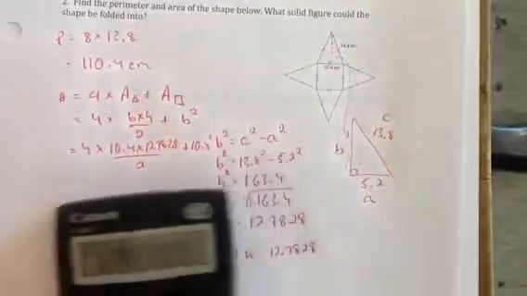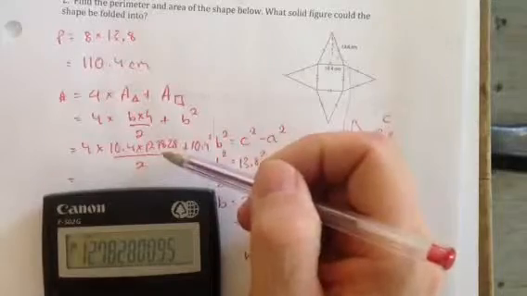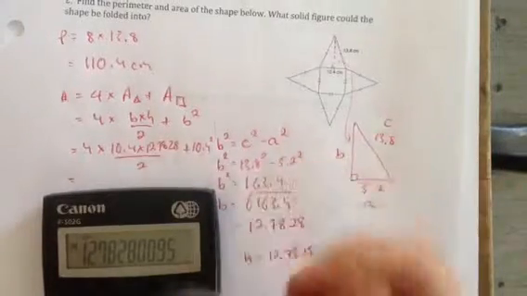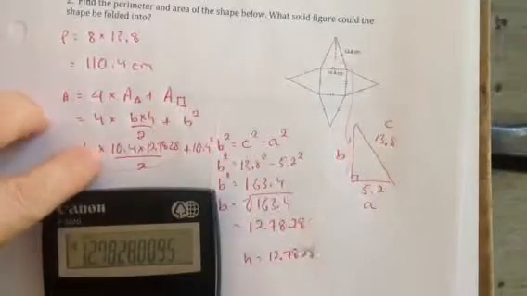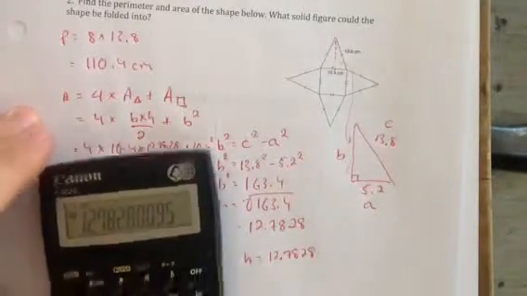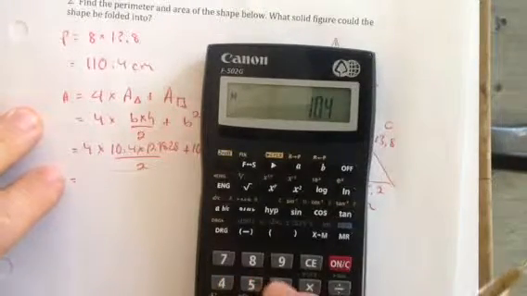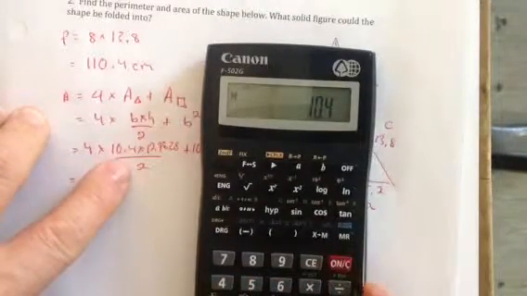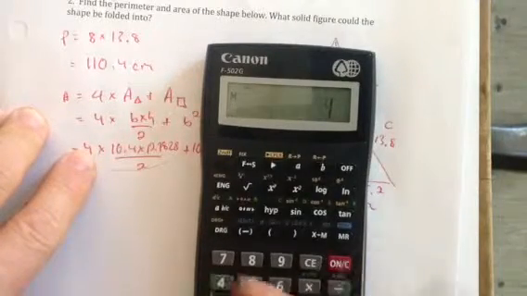Okay, so calculator time. Now, I have my 12.7828 already in my calculator, so I'm just going to do this part of the calculation first. Okay, so I'm going to multiply the 10.4, so times 10.4, divide that by 2, then times 4.